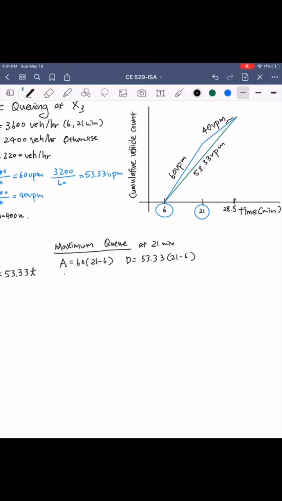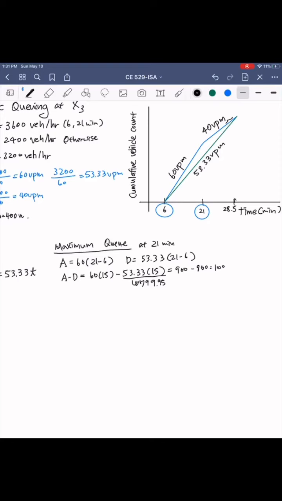So maximum queue will be A minus D, which will be 60 times 15 minus 53.33 times 15, which will be 900 minus 799.95, which should be rounded as 800.